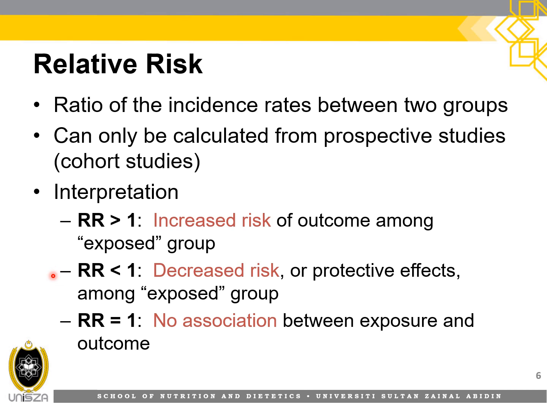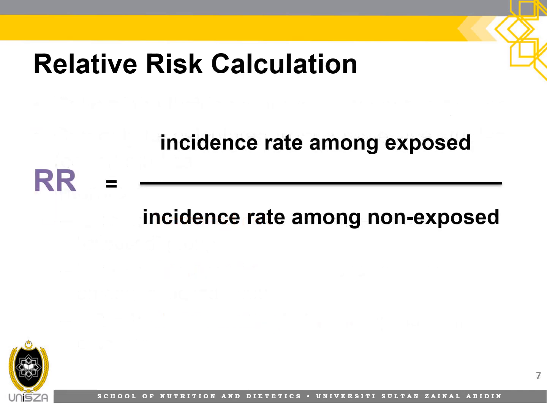And when the RR is equal to 1, it means that there is no association between exposure and outcome. The formula for relative risk calculation is RR equals incidence rate among exposed divided by incidence rate among non-exposed.